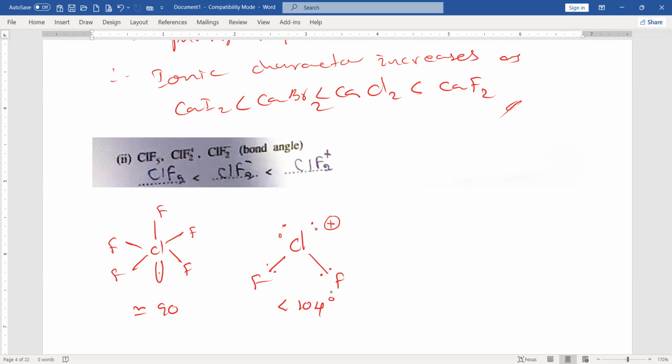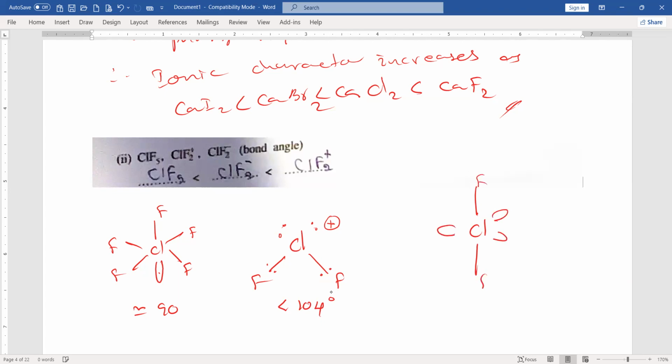And when we get ClF2 minus, chlorine has 7 electrons. Minus means it will get 1 more electron. So it will be now linear. Why? We have 3 lone pairs like this.